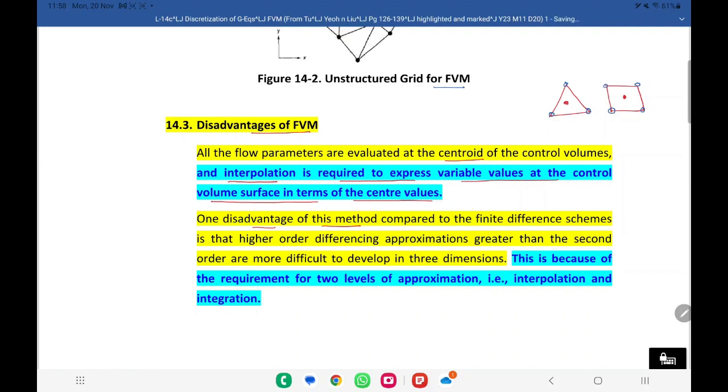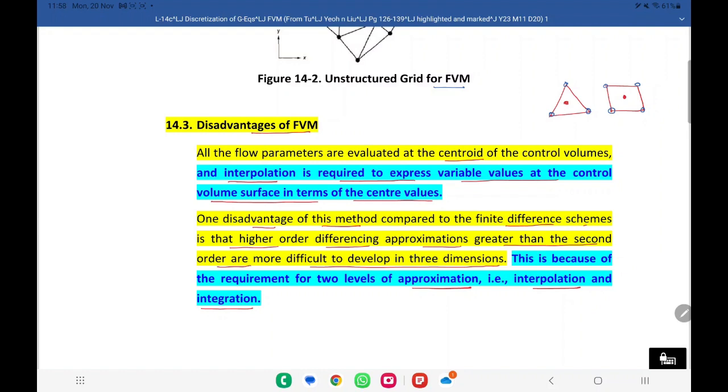That now comes in. One disadvantage compared to the finite difference scheme is that higher order differencing approximations greater than the second order are more difficult to develop in 3 dimensions. Now what happens is, because FVM has 2 levels of approximations, one is interpolation and the second is integration.